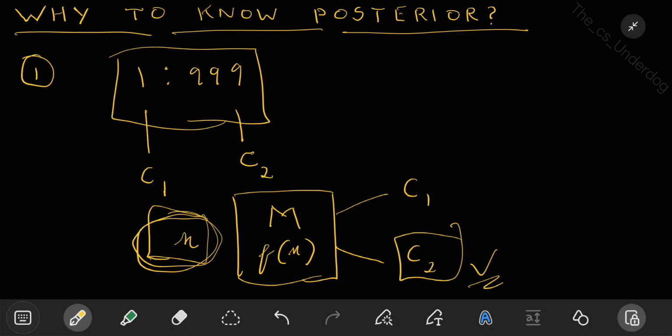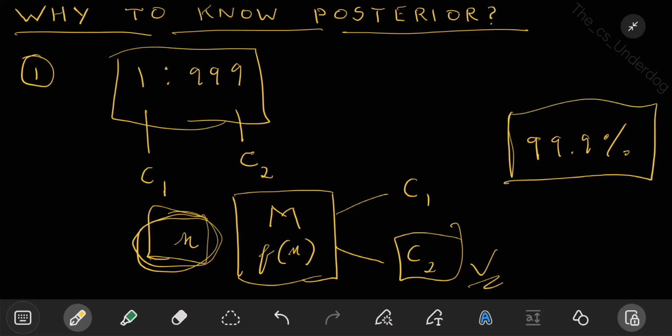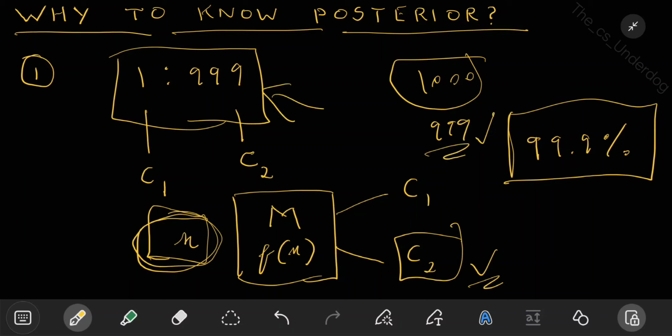The accuracy of this model, if you check, will be 99.9%. Why? Because for every 1000 inputs, the model will get 999 correct, since in your data 999 belong to C2. Accuracy-wise, this model looks really good. 99.9% accuracy for a classification model is extremely good. But is this right? No, it is not.